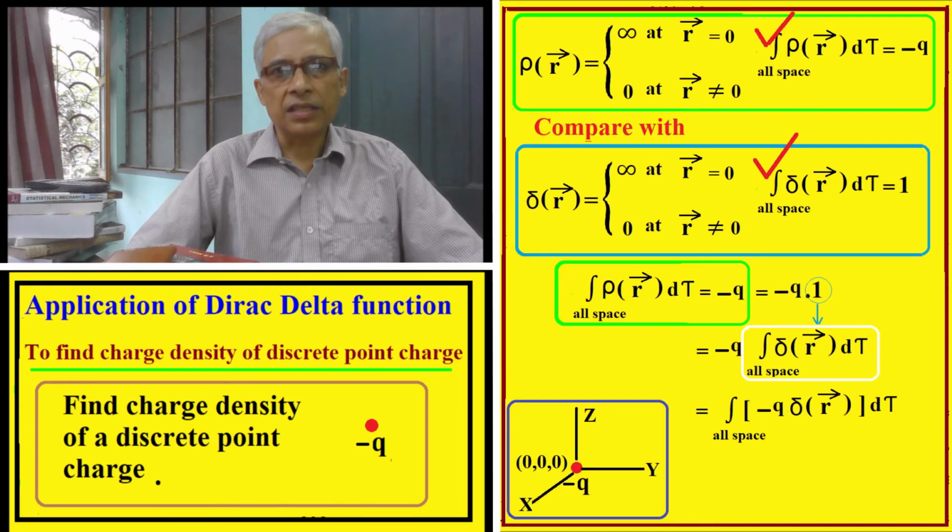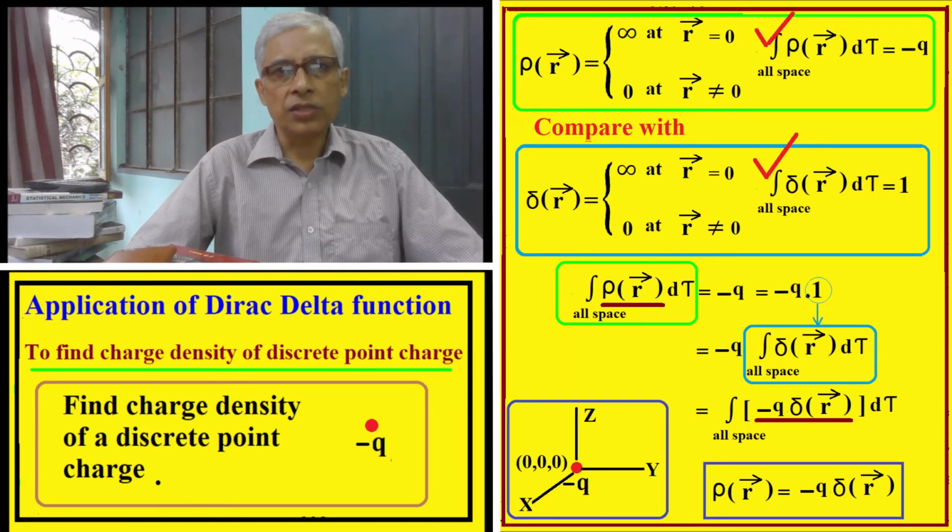Let us consider the integral involving rho d tau, which is minus q and shown in the box with green outline. Let us write the right hand side, that is minus q, as minus q into the numeric 1. And for the numeric 1, let us substitute the property of unit area under Dirac delta as shown in the box with white outline.